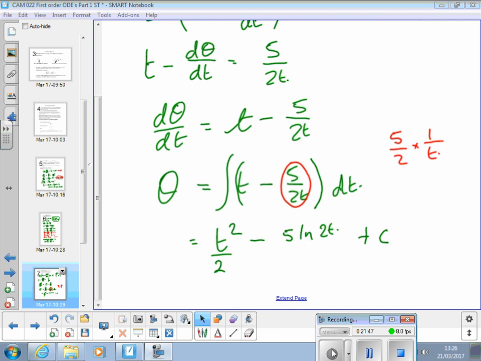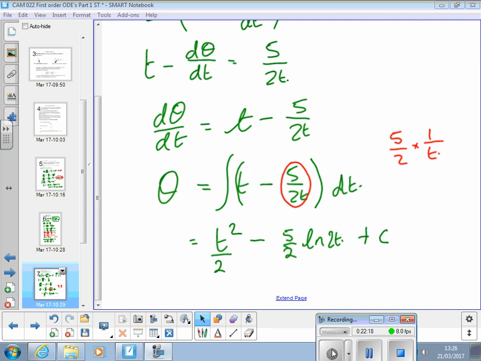That's a constant, isn't it? So we can take that out as a constant. And then the integral of 1 over 2t is ln 2t. Yeah? All right? So that's the general solution.